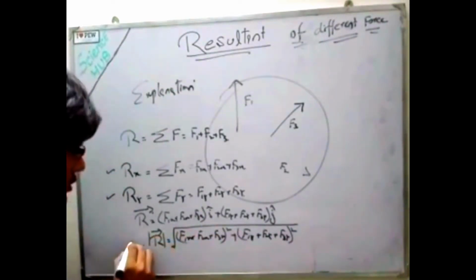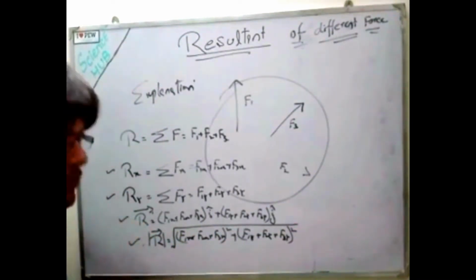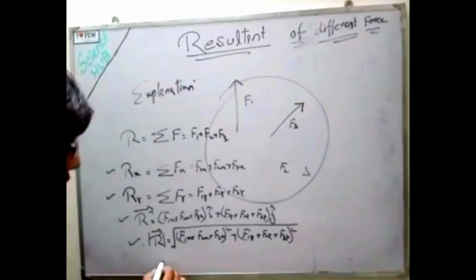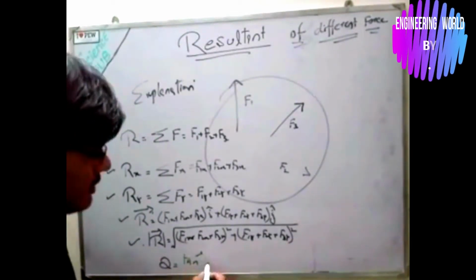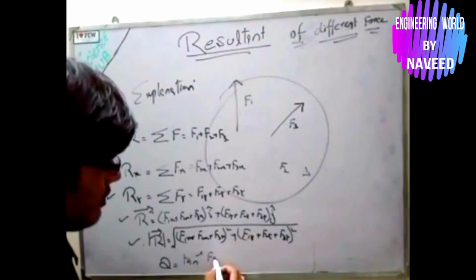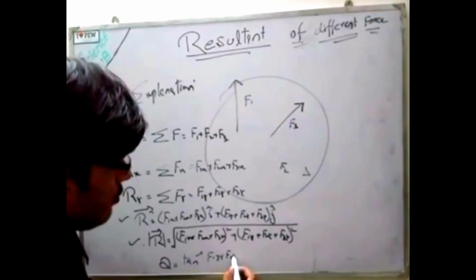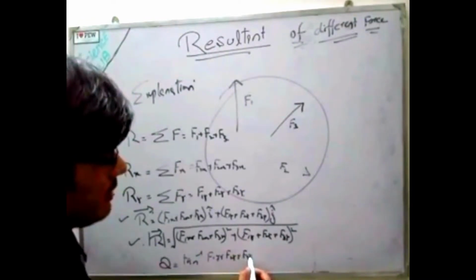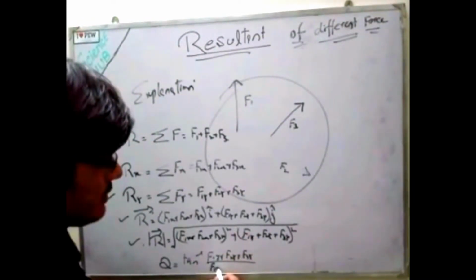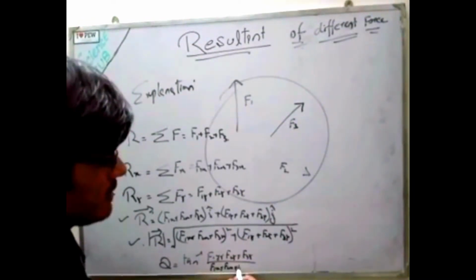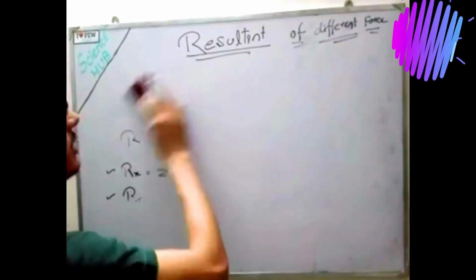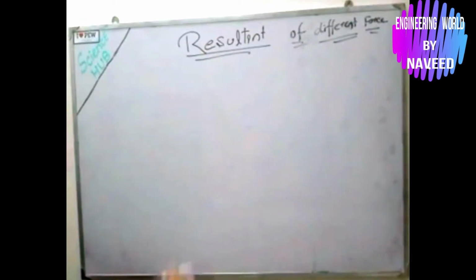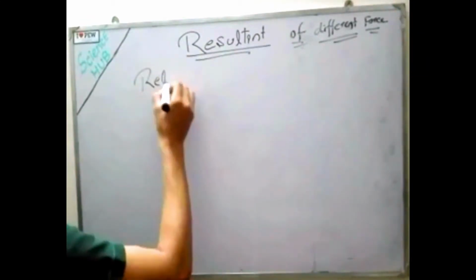This formula gives us the magnitude. This is the vector of the resultant force, this is the magnitude, and to find the angle theta we take the sine inverse of (F1y plus F2y plus F3y) divided by (F1x plus F2x plus F3x).